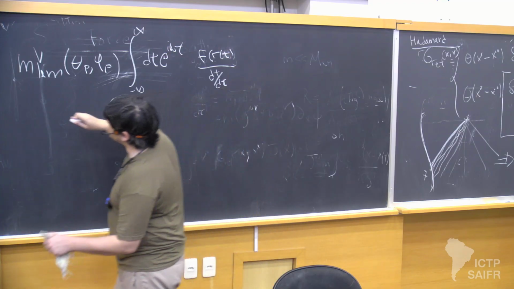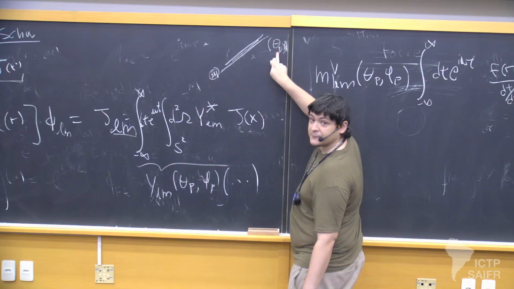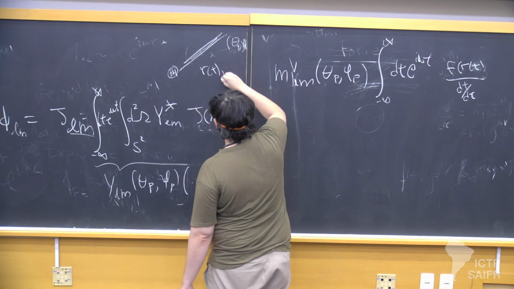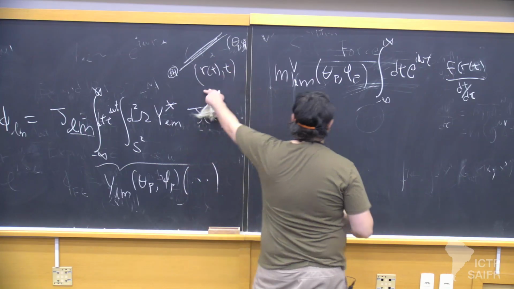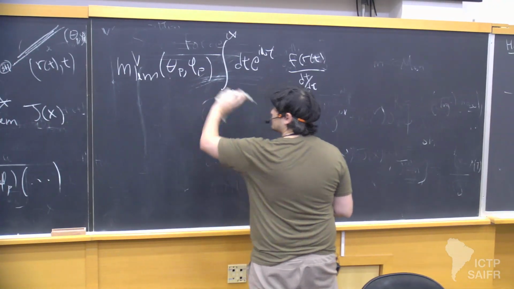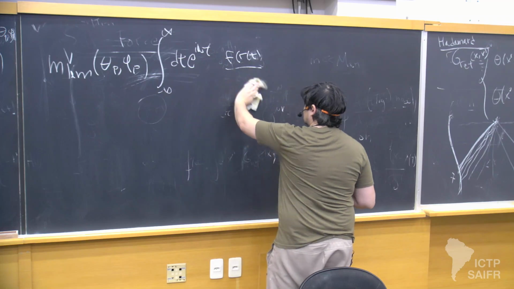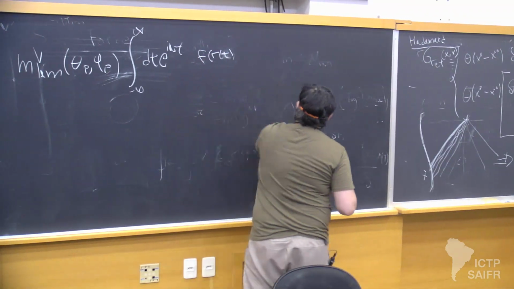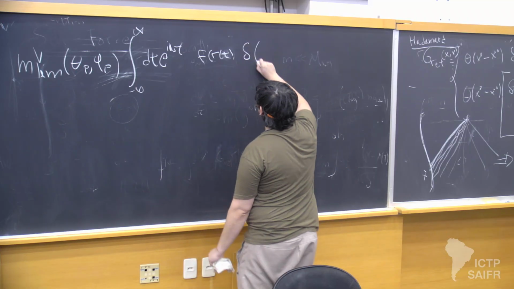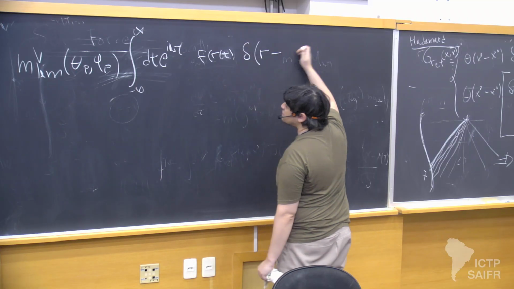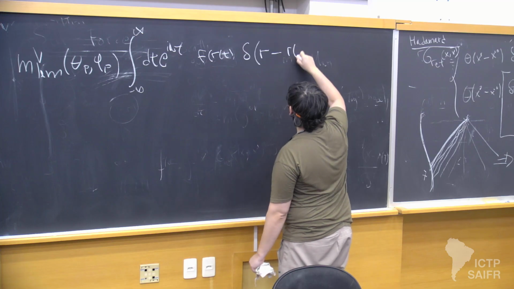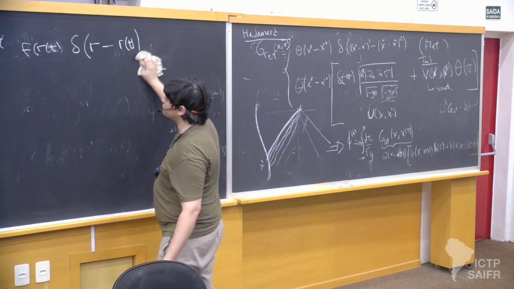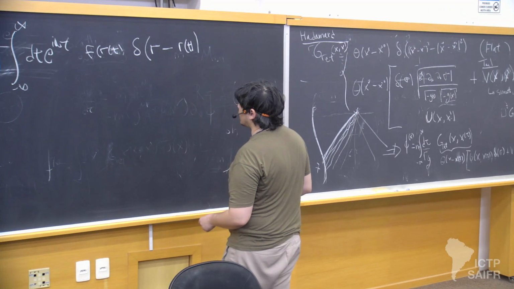The motion of the particle will be at fixed theta and fixed phi, but I'm going to have r(t) and t. This is what I'm going to Fourier transform here. I already took the angular part. I just have to take the time component and r minus t. Okay. I think that's it.